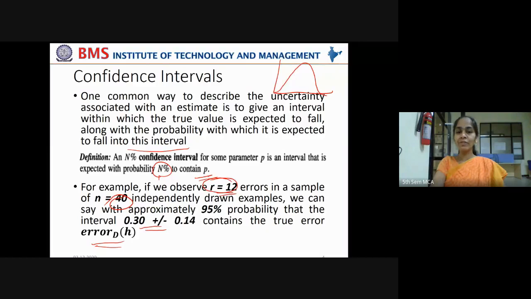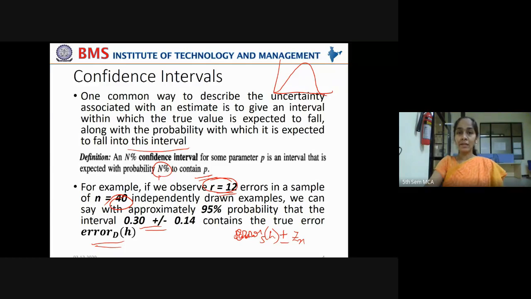Do you remember how did we get this? It is the expression you remember? Sample error associated with the hypothesis plus or minus the critical value Zn, the Z value given with the probability. They are given in a table. For 95% confidence interval, Z value is 1.28. For 68% confidence interval, Z value is 1.